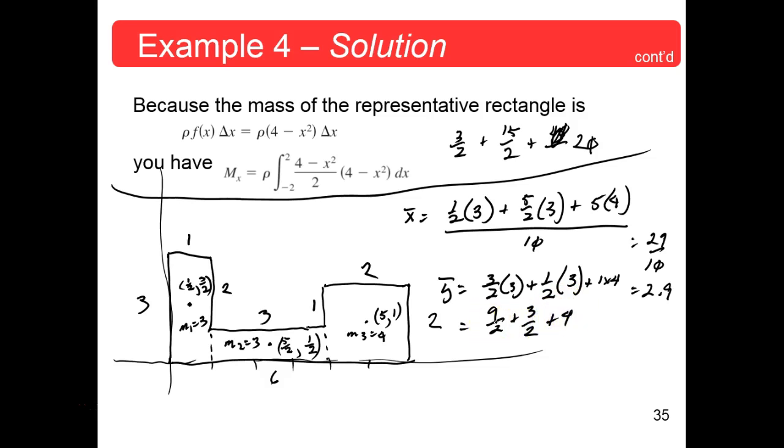That's 12/2, which is 6, plus 4 is 10. 10 over 10, because you divide by the total mass, and that's going to be 1. So it is going to be right on the boundary. 2.9, 1, almost 3, right there. There's the center of mass. Right on the boundary. Not quite outside, but not quite inside either. Straddling the fence.